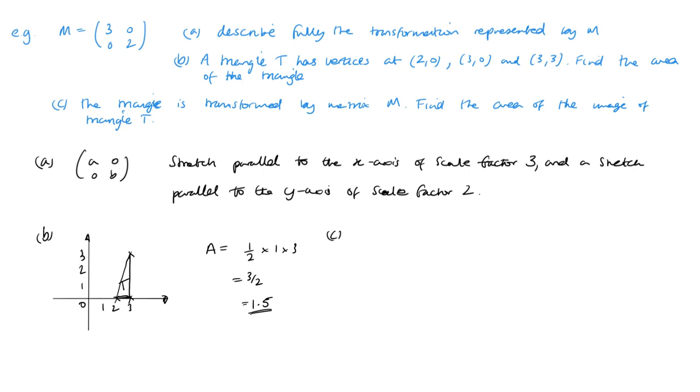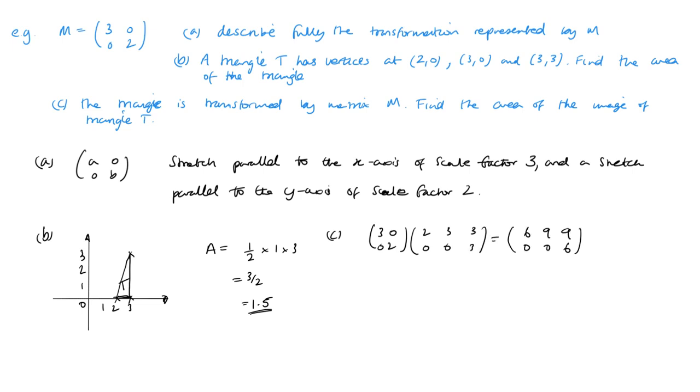Now, part C: the triangle is transformed using matrix M. Find the area of the image. Obviously there is a quick way to do this, but I just want to show you the transformation of the triangle and then look at the area in two ways. So that's my transformation matrix, and these are my coordinates.